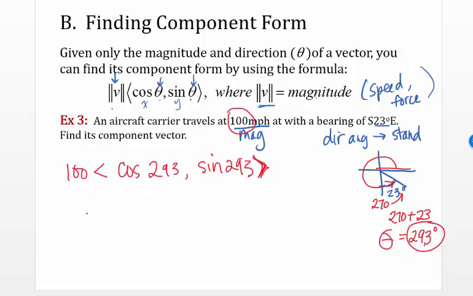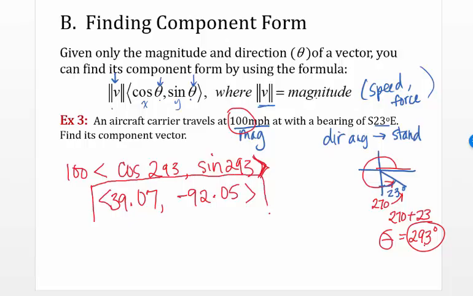Of course, you want to make sure you're in degree mode. That gives me 39.07 for cosine. And then do 100 times the sine of 293. And I get negative 92.05. So there is my component form of the vector.